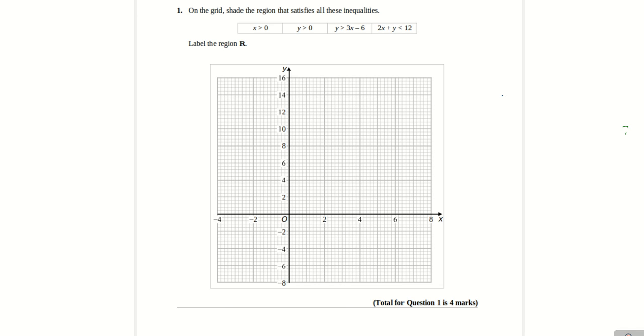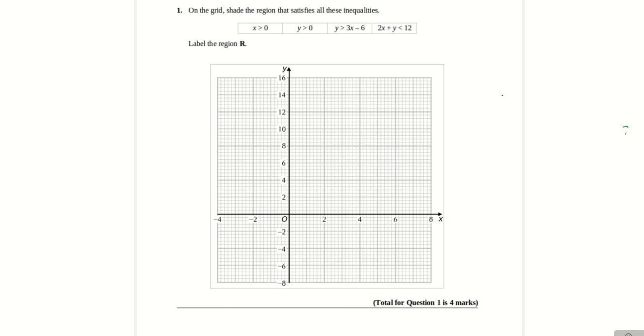Now when the inequality includes an equal, so for example if the first one had been x is greater than or equal to 0, then we draw a solid line to show that any points on that line were included in our required region.